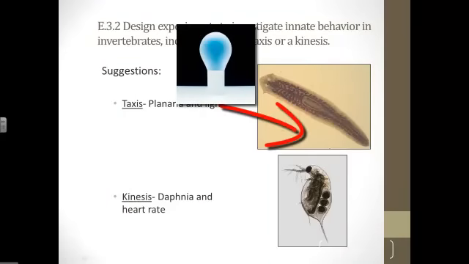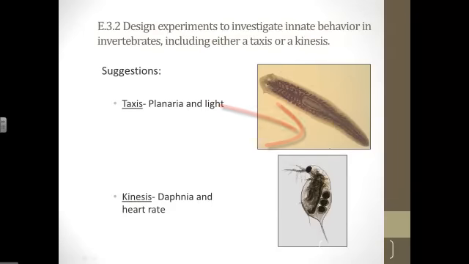So we would say, from a scientific standpoint, that they exhibit negative phototaxis. If they were to move towards the light, what would we call that? That would be an exhibition of positive phototaxis. So in other words, this is a response to a stimulus that has a directional component to it.